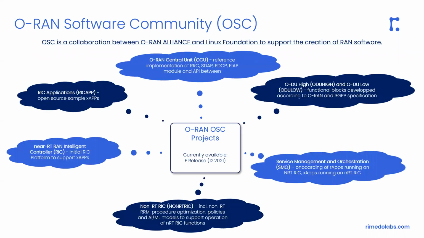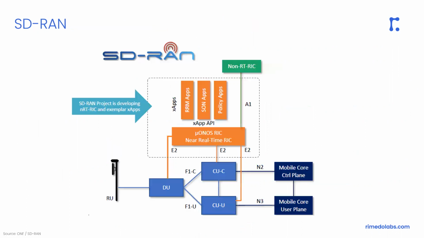They are split into different projects, so each part of the O-RAN system has its own project and developed open source implementation, a reference implementation of the different protocols like the central unit and distributed unit, but also both of the RICs, together with some exemplar applications that we'll speak about in the next part, and the SMO as well, where the onboarding of the xApps running on the non-real-time RIC is possible. Also, those are complemented by a simulation integration platform, so that those could be tested.